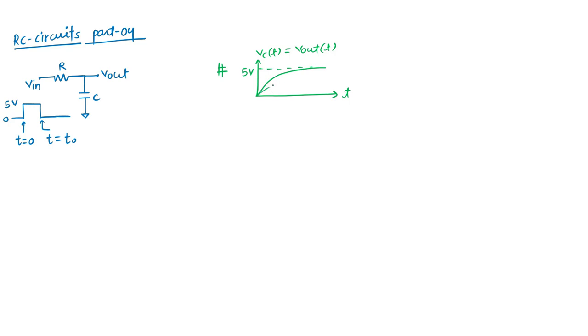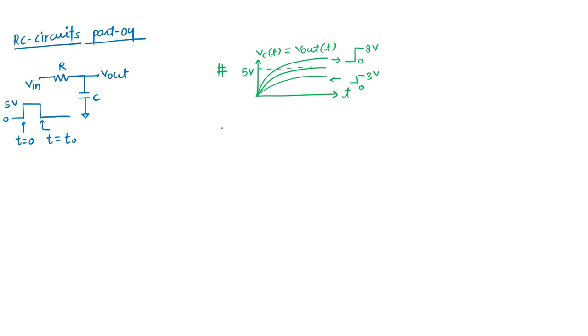Depending on the initial slopes, you have different values. Let it be for a step of 8 volt, this was for the 5 volt, and let it be for a 0 to 3 volt step. Depending on the amount of voltage we apply at the input, we have different initial slopes, so the final values are also different.